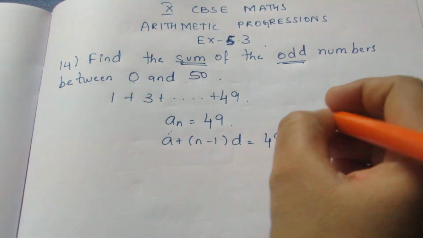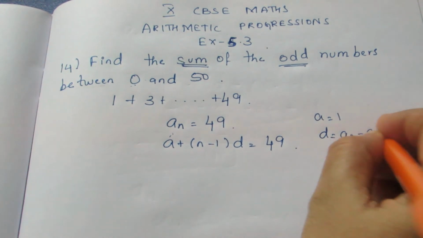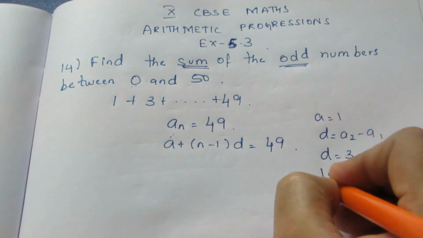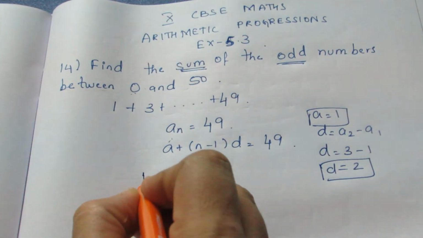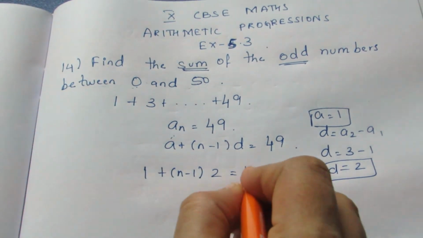Here a equal to 1 and d equal to a2 minus a1, that is d equal to 3 minus 1, which is 2. So we know a, we know d, substitute here. 1 plus n minus 1 into 2 equal to 49.